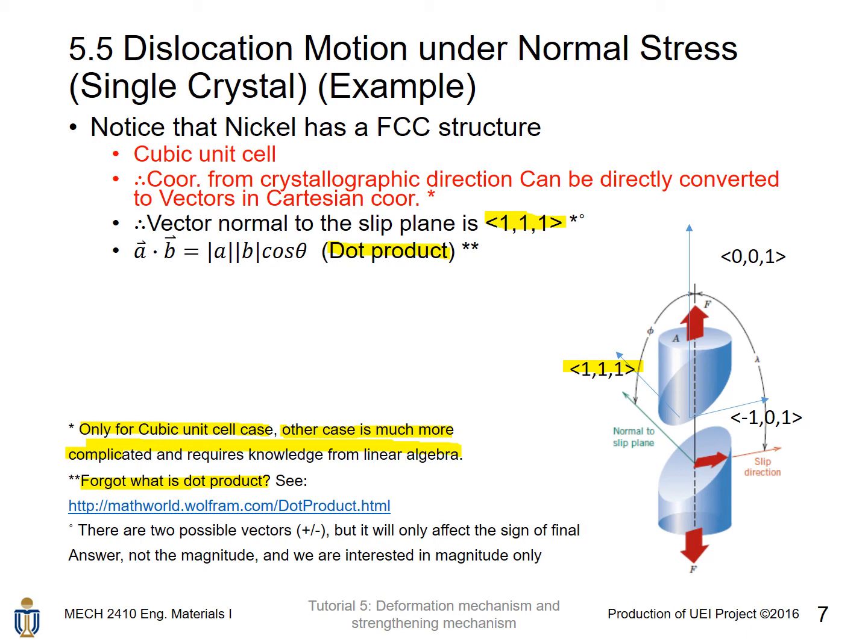Usually we are only interested in the magnitude in these kinds of questions. And we basically just directly convert all the crystallographic directions into vectors in Cartesian coordinates. That's why 1 1 1, 0 0 1, and -1 0 1 are written here in this picture.